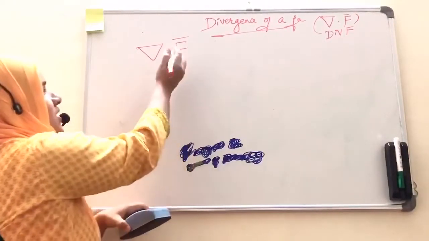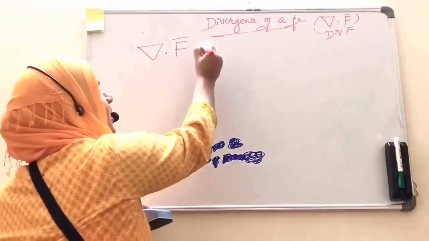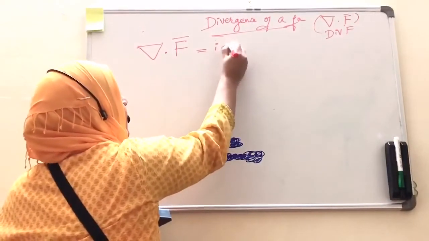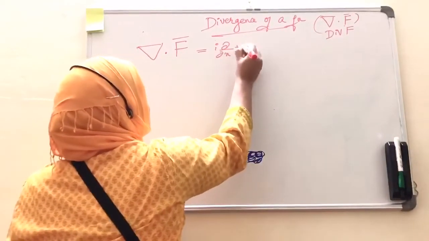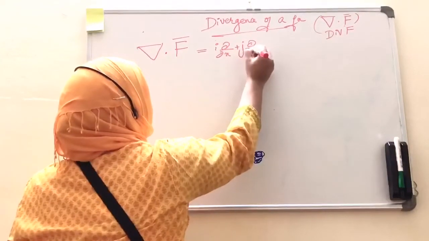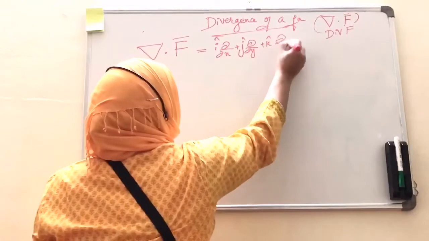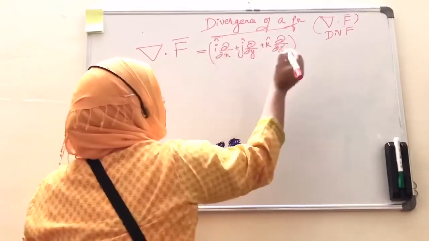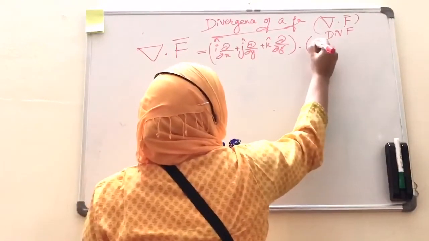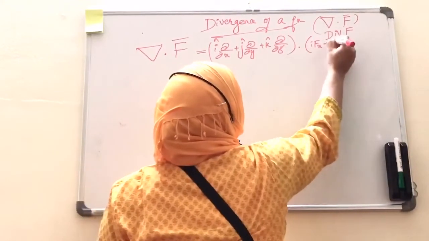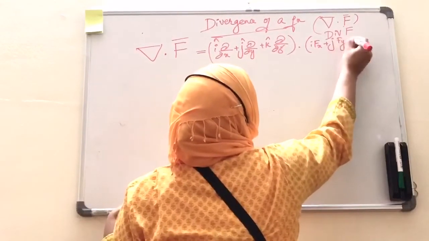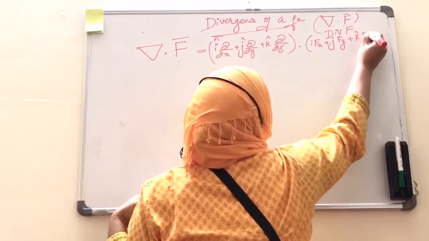That is, del operating on f through dot product, or del dot f, is equal to i ∂/∂x plus j ∂/∂y plus k ∂/∂z, taking dot product with i fx plus j fy plus k fz.